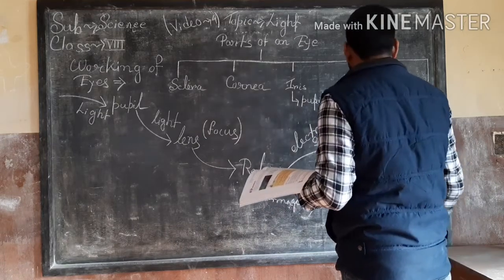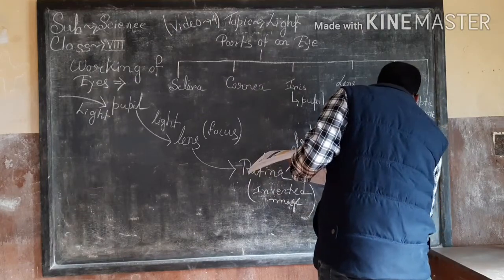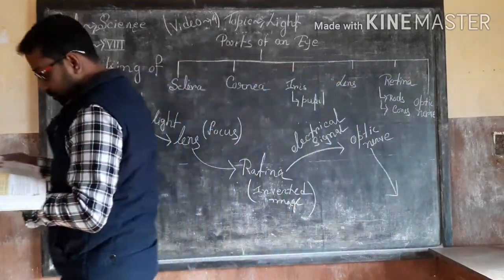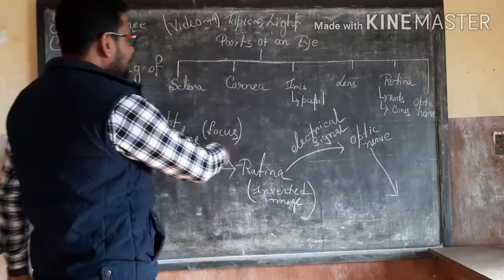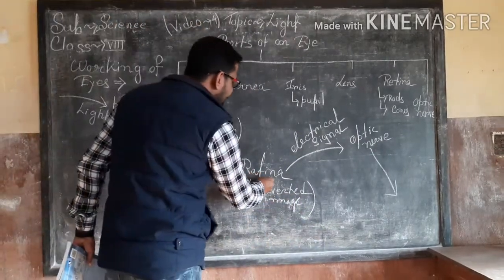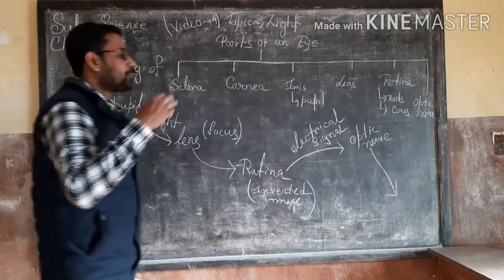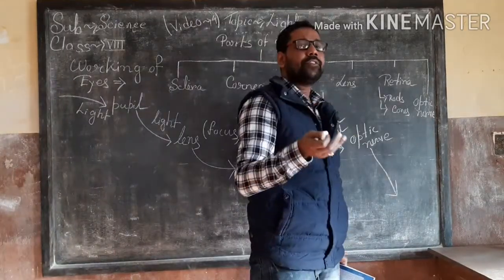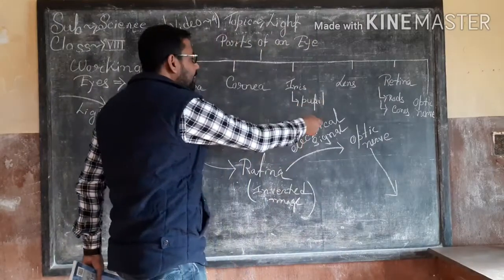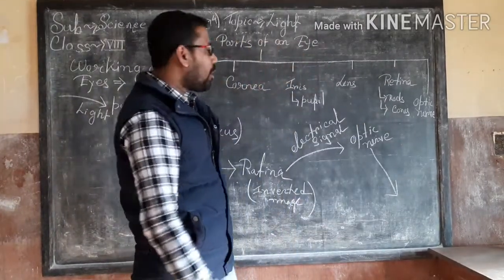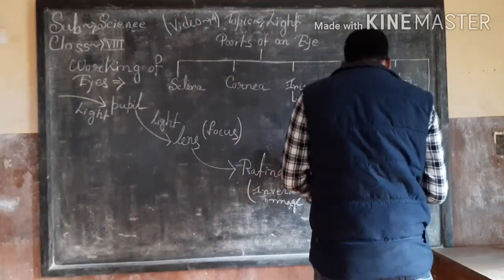In the retina, the rods and the cones get activated and generate electrical signals, and the electrical signal is sent to the optic nerve and through the optic nerve to the brain.